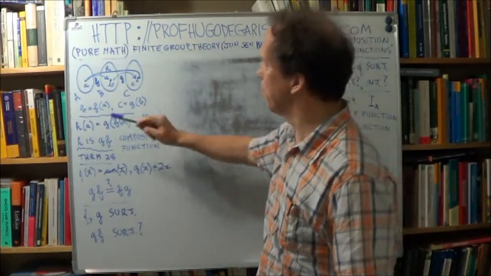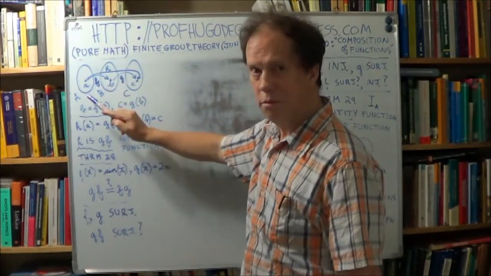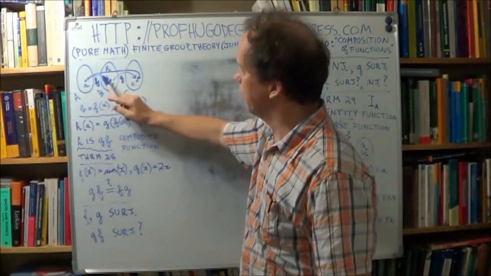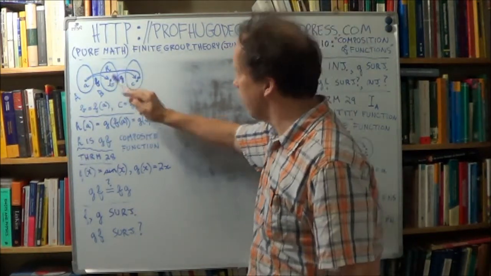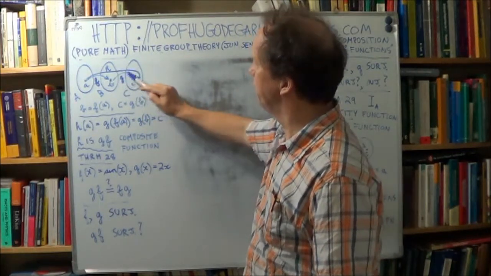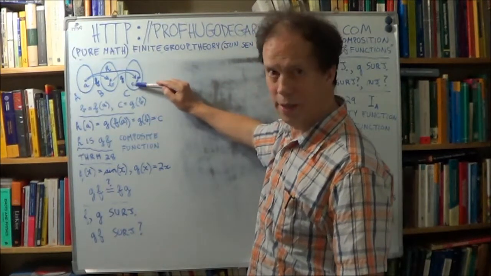So it's like a two-step process. So to get from A to C, you do a two-step process. First you map using F to element little b, and then a second function G maps you to element little c.